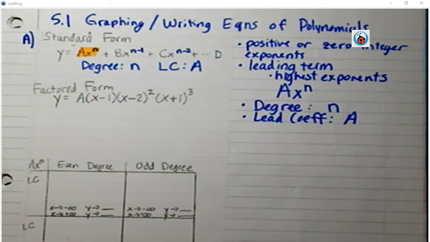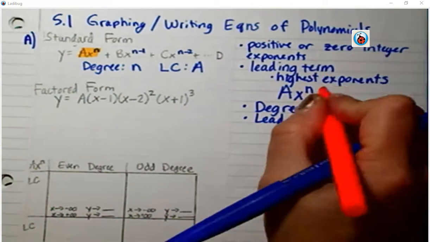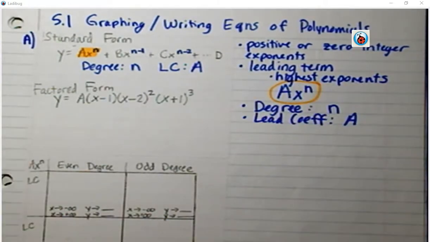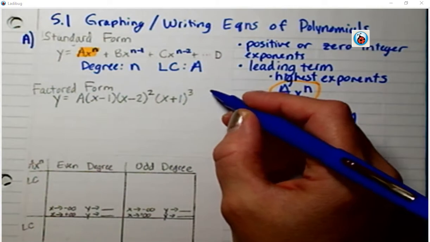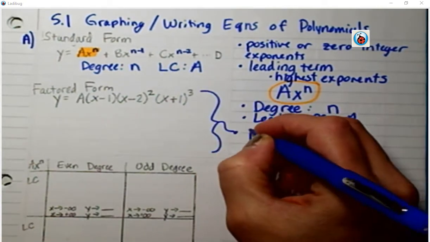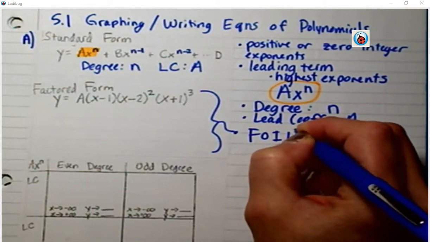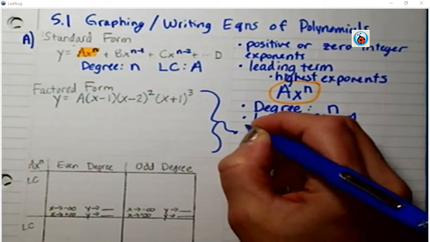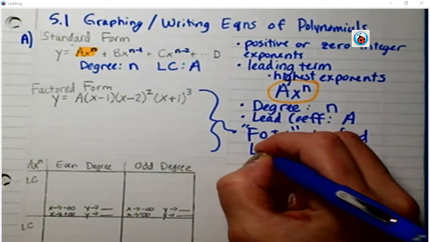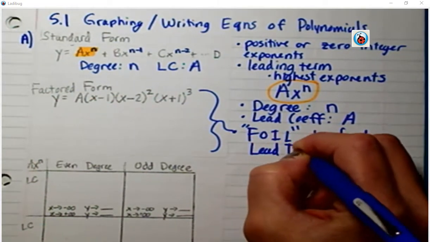Because the leading term is the most important piece of what we need to know for graphing. But notice I have factored form. I still need to know what that leading term is from factored form. FOIL, in quotes, to find the leading term.